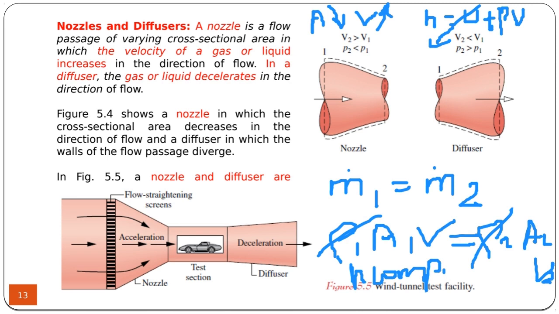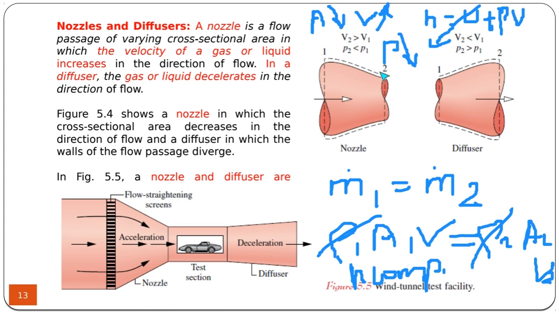So it means that when the area gets smaller, velocity must increase. Meanwhile, pressure must decrease in order to satisfy the energy equation. The first one is required by the conservation of mass.